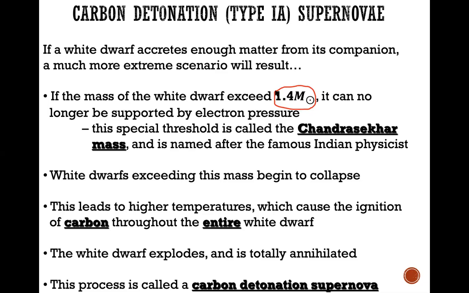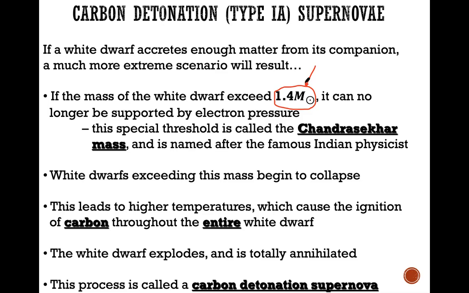So that's how a white dwarf is balanced. However, due to this accretion of matter from a nearby star, if the mass of the white dwarf exceeds this particular limit, 1.4 solar mass, then this electron pressure will not be able to support the gravitational forces, or the gravity, right?